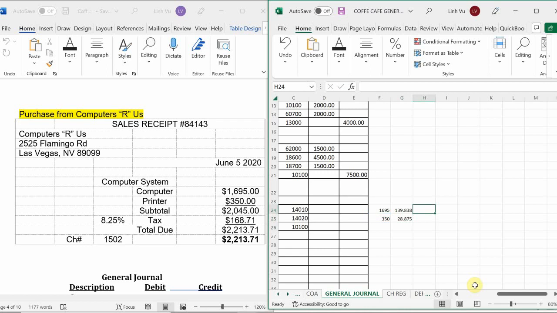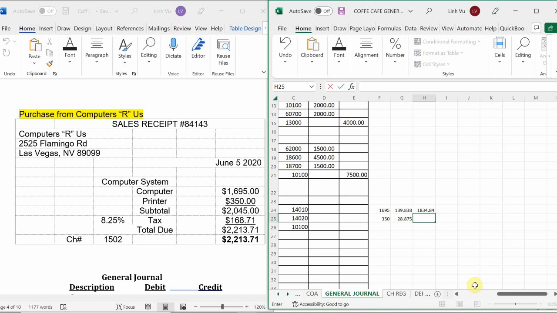Now here, what is the situation here? So I get $139.84 worth of tax, right? And then what is the tax on your printer?